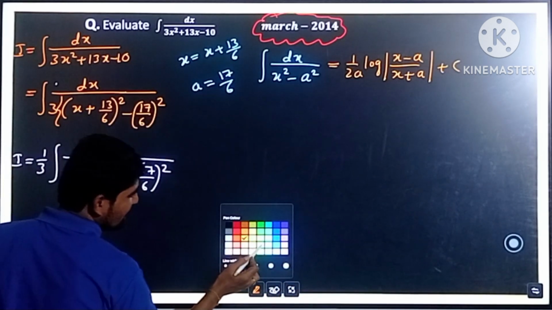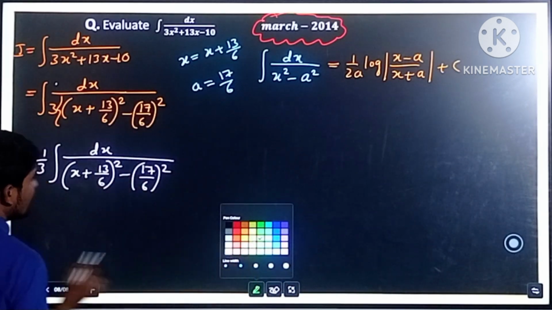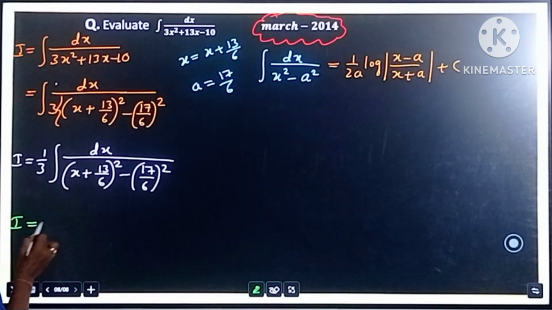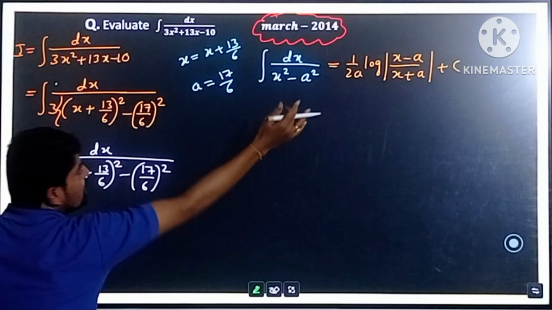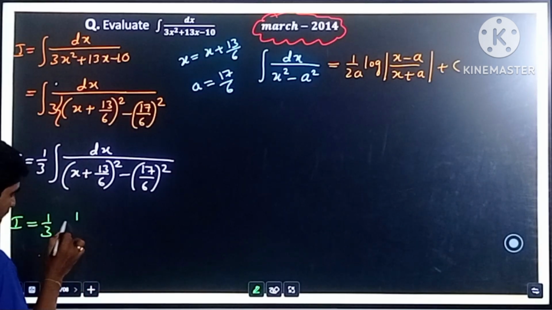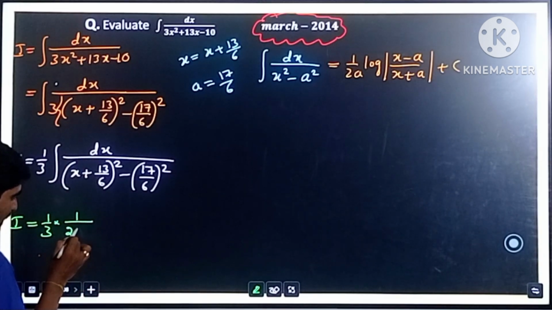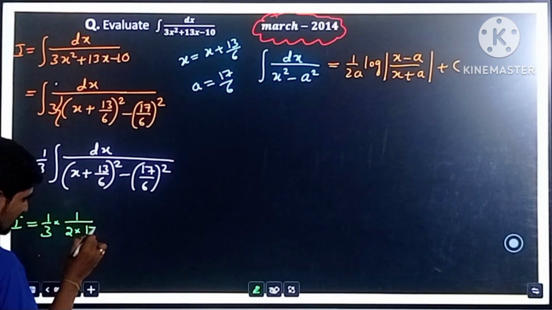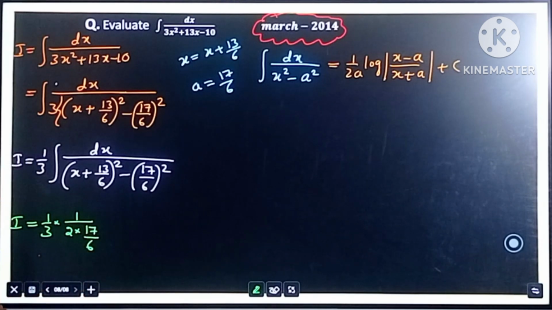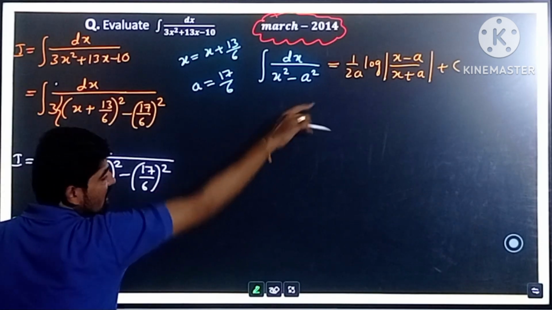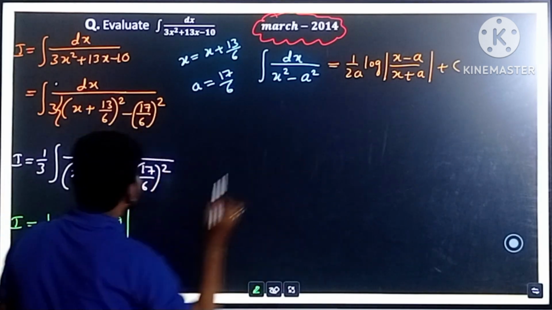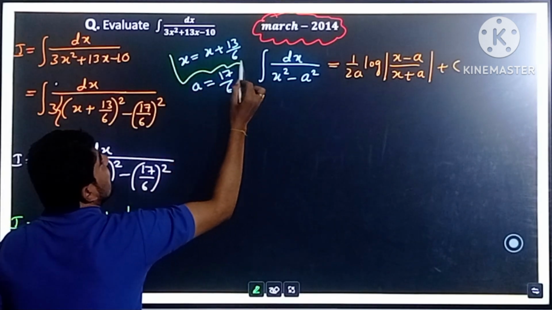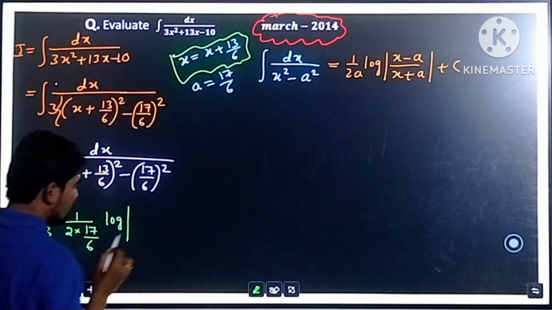Now see here, what is I? I is equals to 1 by 3 into, see what answer comes: 1 divided by 2a, 1 divided by 2 into a, what is a? 17 by 6. I hope all of you are understanding. Log of, see what is x? x is x plus 13 by 6.